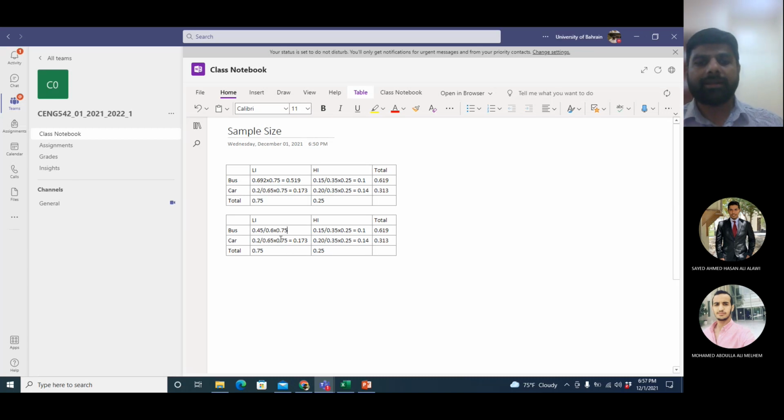Okay, so in the entire population, this was the possibility that a bus user will belong to low income group, and in my data sample I have 75% bus users, so I multiply by 75%. Okay, same thing here, this will not change and this will be 0.60. Okay, and this will again be 0.75.